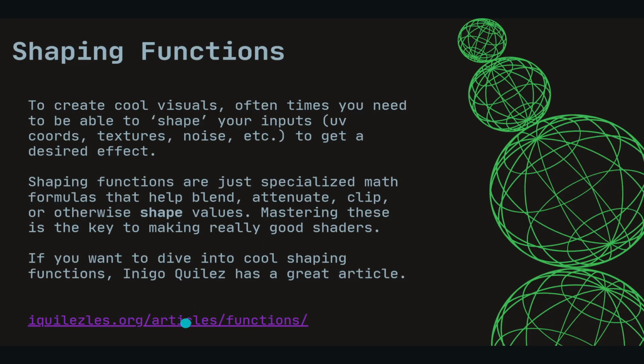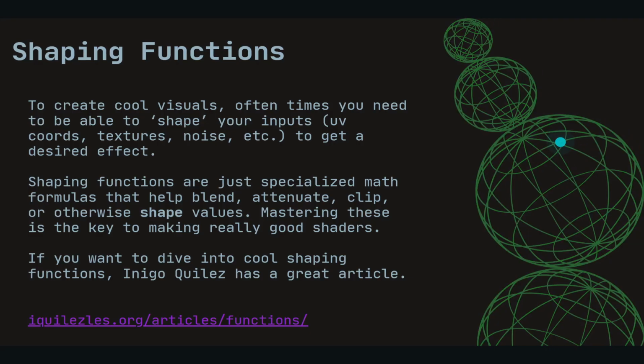You can check this out later. If you search up Inigo Quilez, he has a whole website with so many articles. They're really good. I haven't read them all, obviously, but he has one called Functions. Just search it and find functions. There are a lot of cool functions he's written for us in GLSL that we can just use. Give it an input, and it'll give us some shaped output. So that's that.